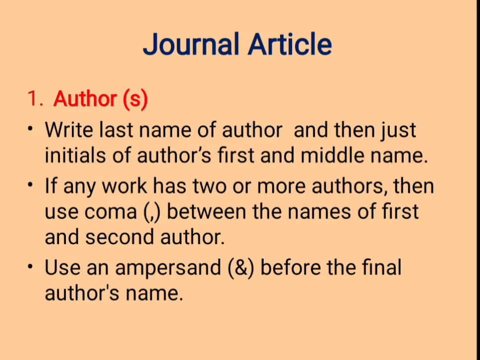I will explain all of these by giving you an example of a journal article reference. If any work has 2 or more authors, then use a comma between the names of the first and second author. The third thing that is mandatory is to use an ampersand, this symbol, before the final author's name. Before writing the final author's name, use this symbol.